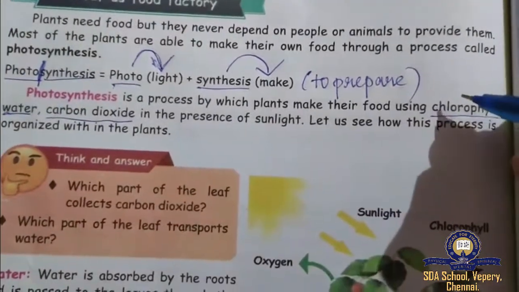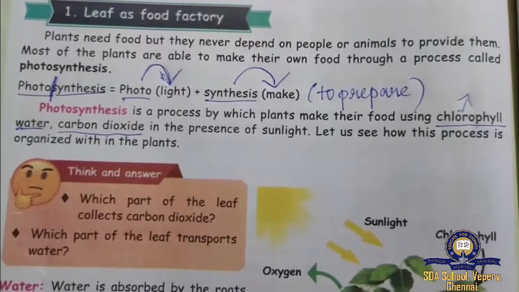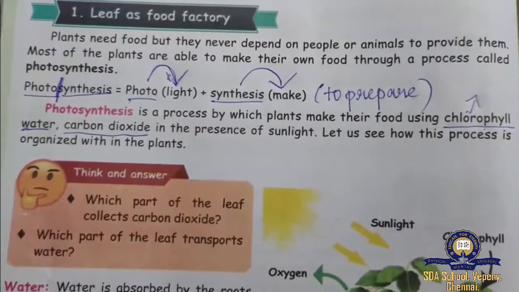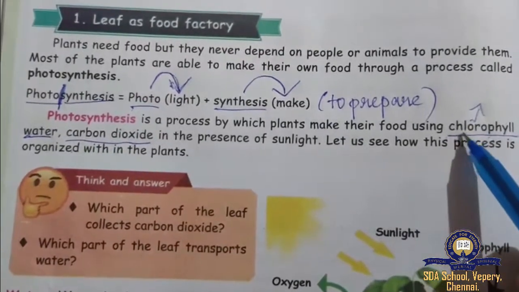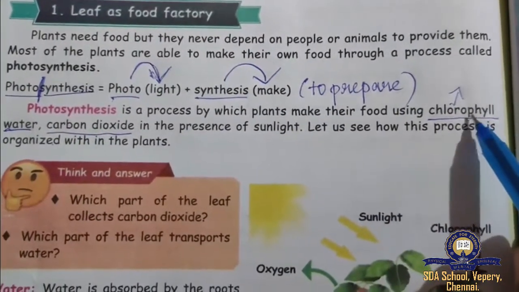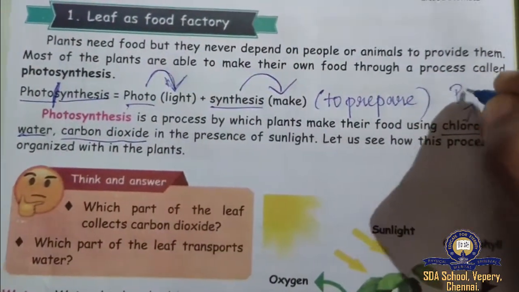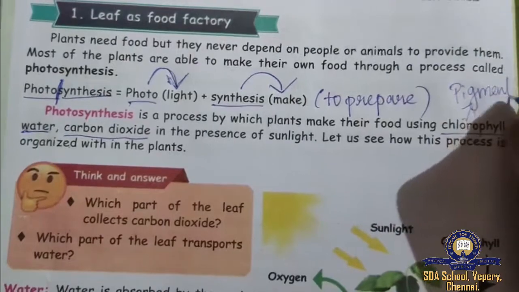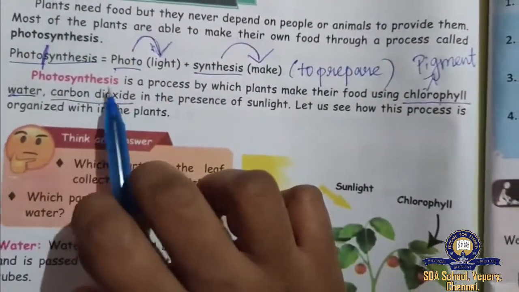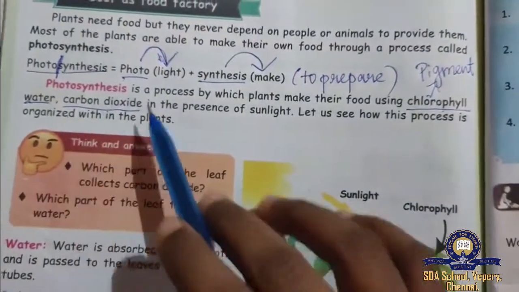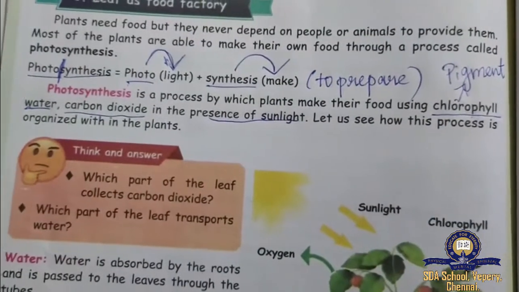Chlorophyll is a pigment. Plants are green in color due to chlorophyll. So photosynthesis needs chlorophyll, water and carbon dioxide in the presence of sunlight to prepare their own food.